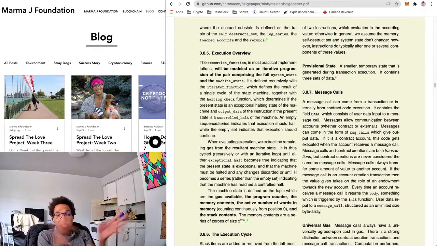But H, this series of a set of things, becomes a series in which the machine reaches a controlled halt. Because here it says, as long as it's not empty, an empty series indicates should halt. But if H becomes a series rather than being empty set, it should continue.